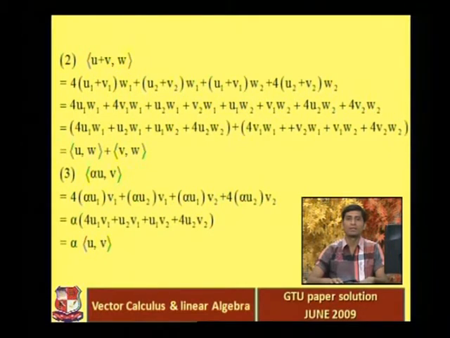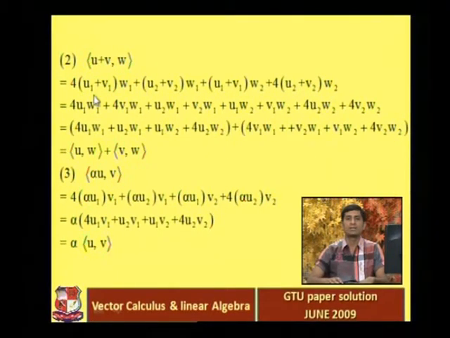Okay, so we just use that definition: 4(u1 + v1)w1 + (u2 + v2)w1 + (u1 + v1)w2 + 4(u2 + v2)w2. So that can be expressed as 4u1w1 + 4v1w1 + u2w1 + v2w1 + u1w2 + v1w2 + 4u2w2 + 4v2w2.